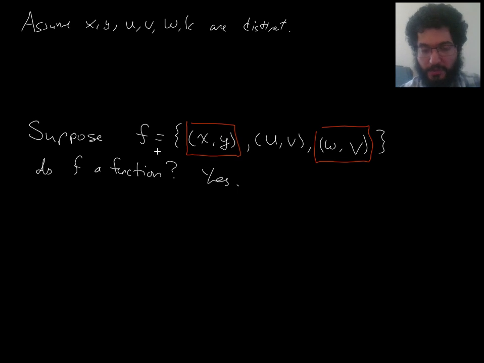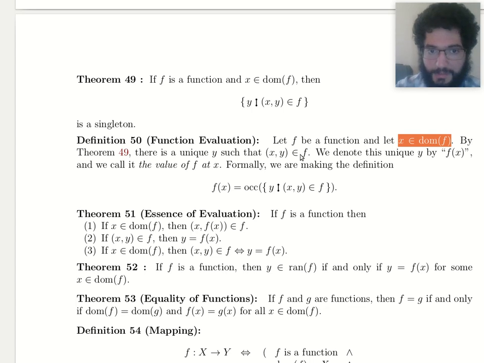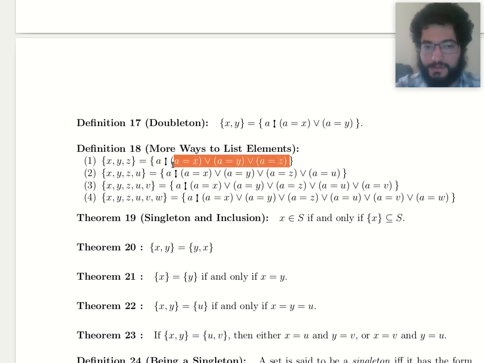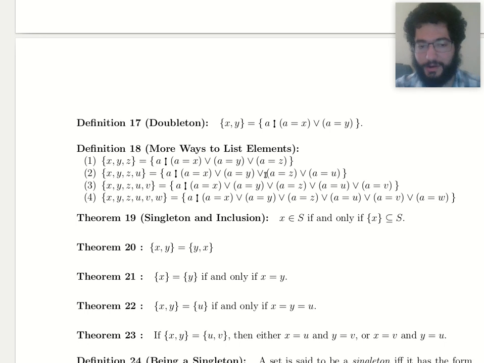It should be provable that this is a function using the original definition, but since f is defined to be this list of three things, that means f is defined along the lines of definition 18.1 here, right? It's something that has this annoying "or" to it. That always leads to lots of cases in your arguments.